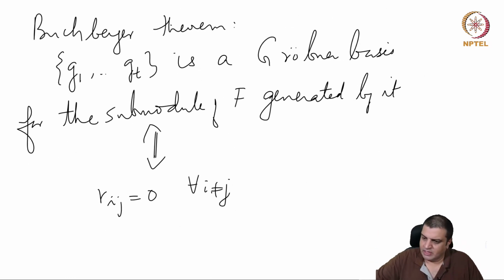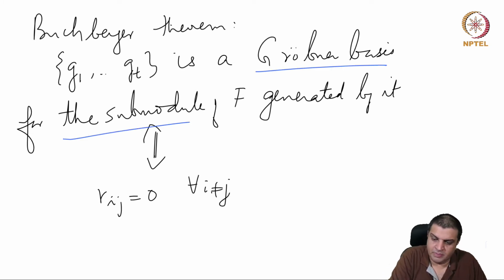Okay. And what does this mean? What does it mean to be a Grobner basis for the submodule?